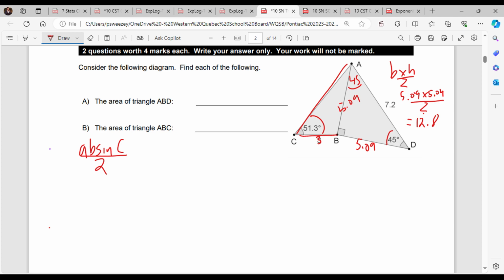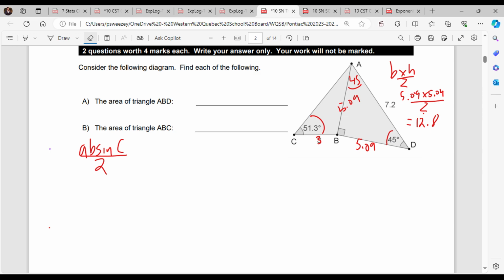That's a version of this guy. Or what I can do is I have this one and this length. So what if I find that angle right there? Then I could use the AB sine C, because I already have the two side lengths. The only problem is finding that angle's just a little tricky. It's not too crazy, but it is a little tricky.